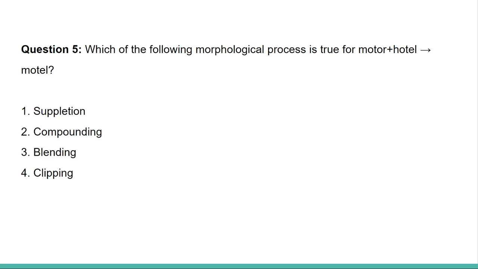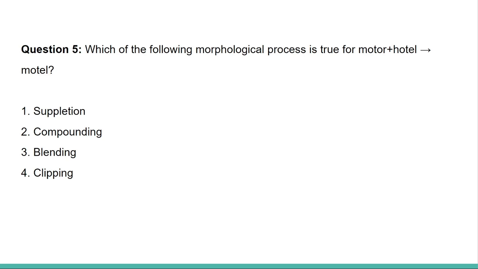For example, take the word dance. Dance plus ed, danced, is the past tense form of the word dance. This is a regular verb because it is following the regular grammar rule.